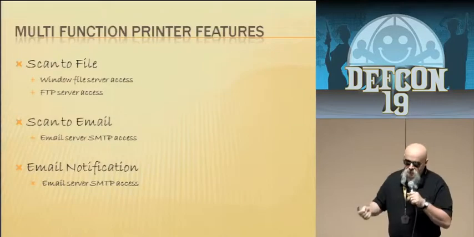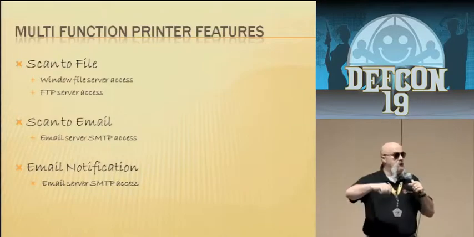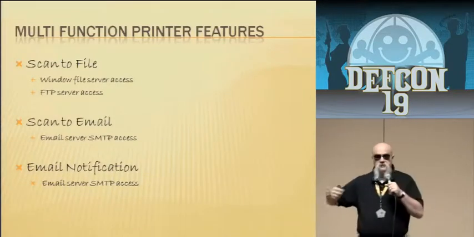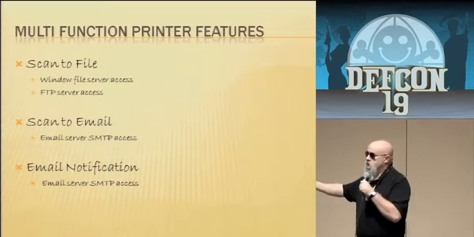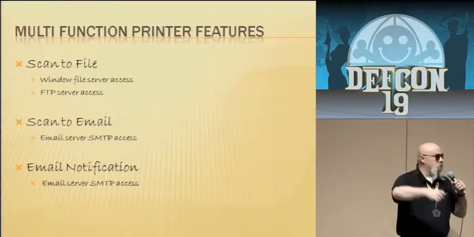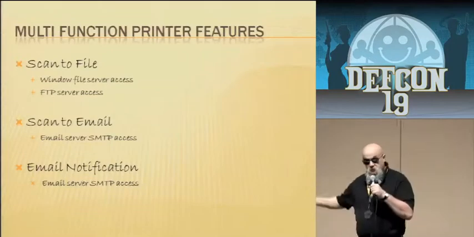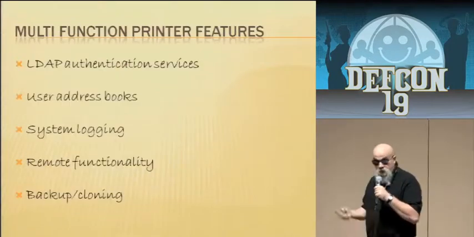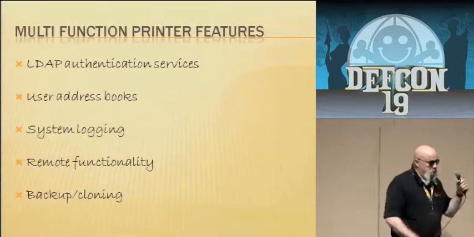Also scan to email, the ability to scan stuff and have it go out in email. So these have to be able to integrate into those services, SMTP server, SMB authentication onto Windows devices, and such. Also one big one is LDAP authentication.